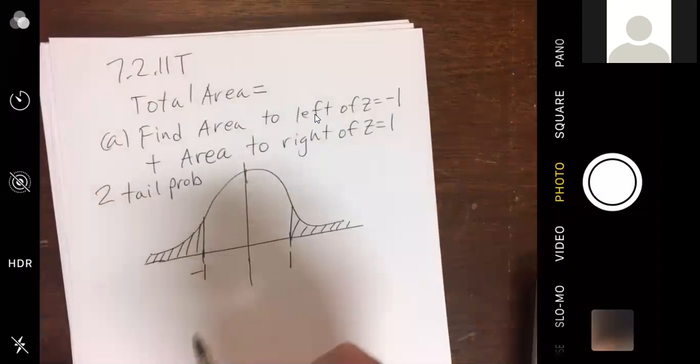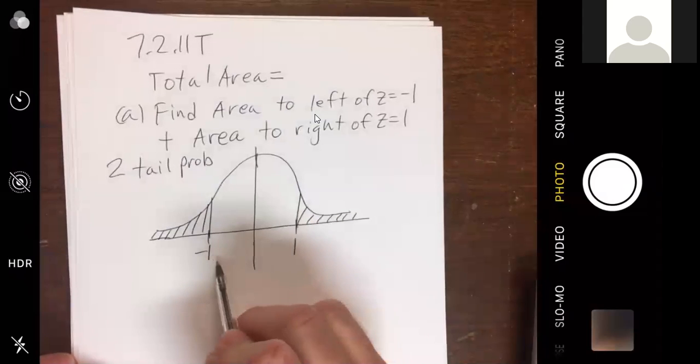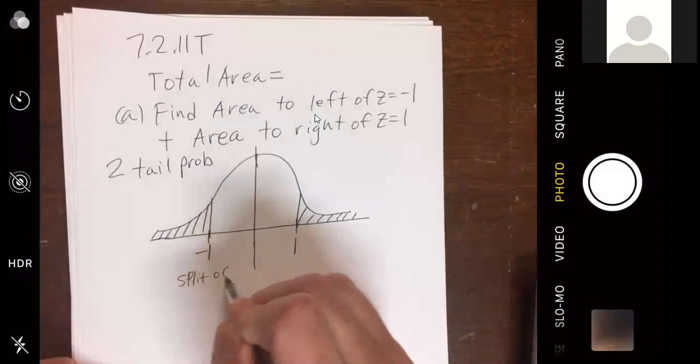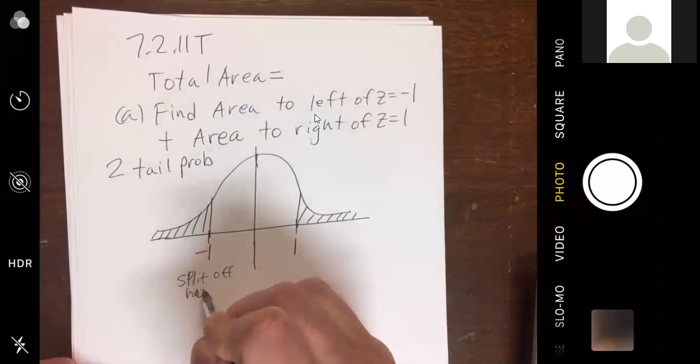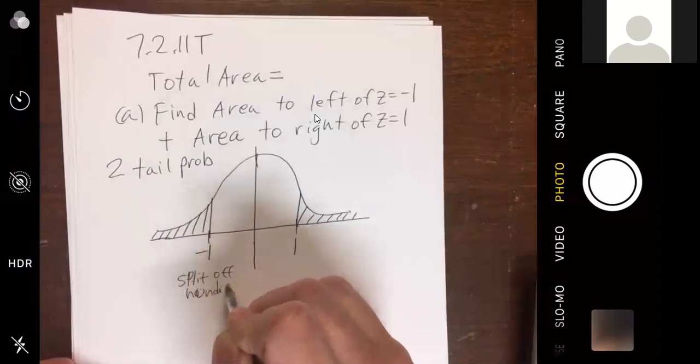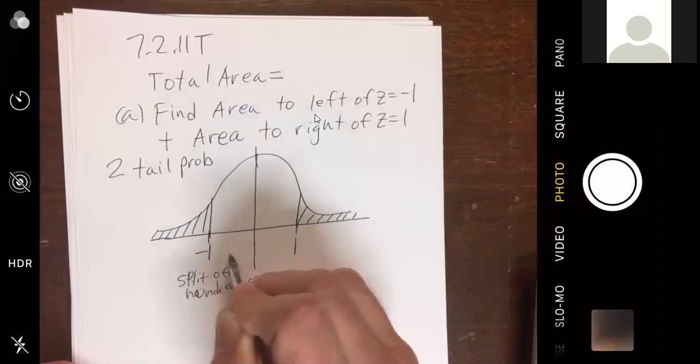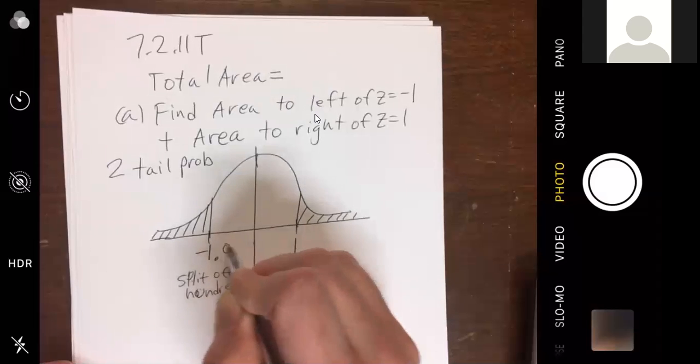So when you're given numbers down here, you've got to split off your hundreds place. Well, they didn't give me a hundreds place. That's when you put in zeros.